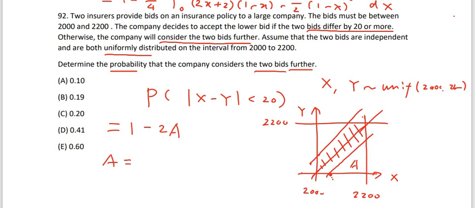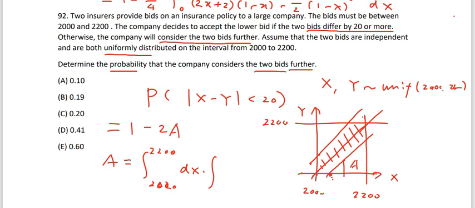Here this is 2,000, and this point is 2,020, I'm sorry, so x from 2,020 to 2,200, dx. Then what is y?